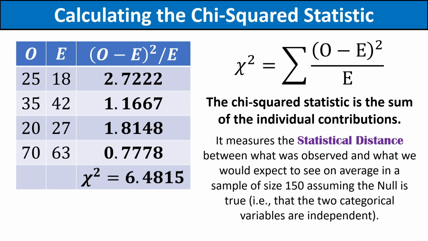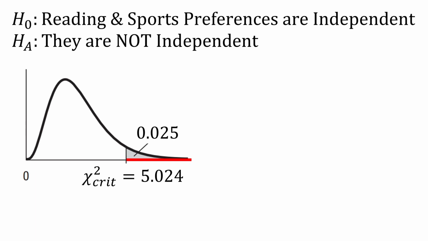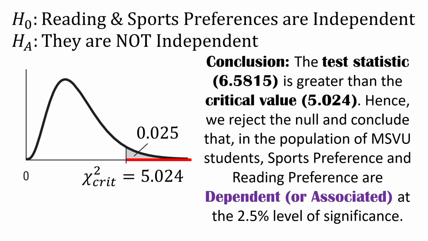So if these categorical variables are independent, this gives us a measure of the distance between what's observed and what we would expect to see under that assumption. The bigger that distance, the less likely it is the null is true. Is that distance big enough to reject the null? Well, let's go back to our decision rule. Right, so we had already decided that if our test statistic is bigger than 5.024, we would reject the null, and so here the test statistic is greater than that number.